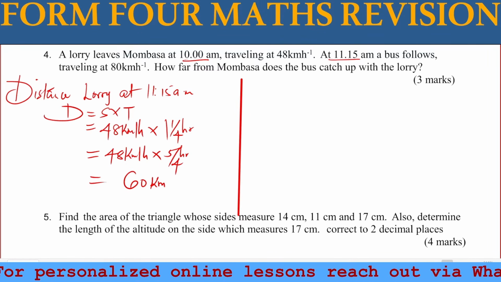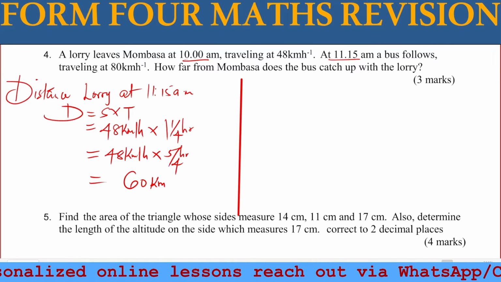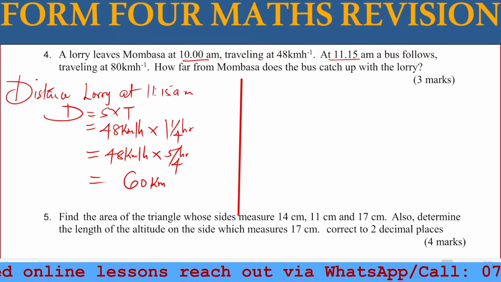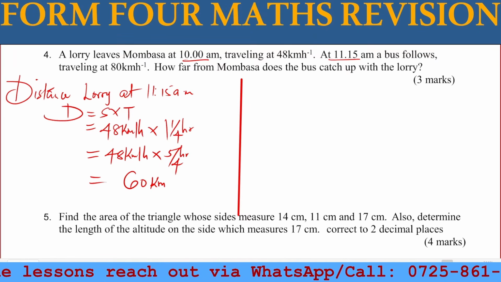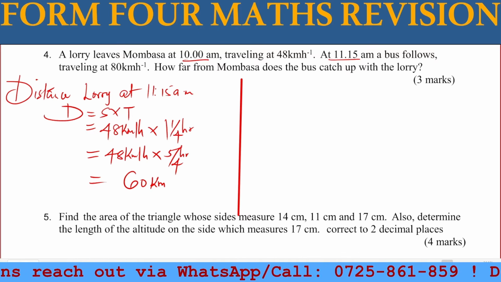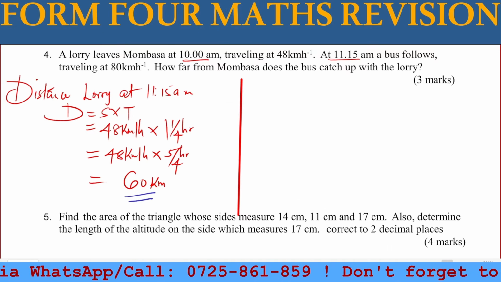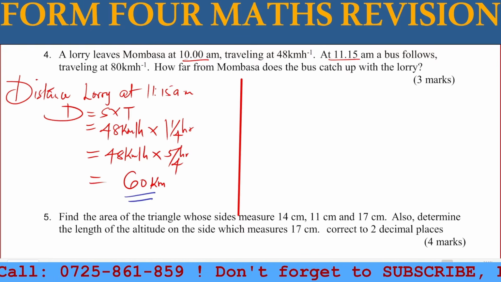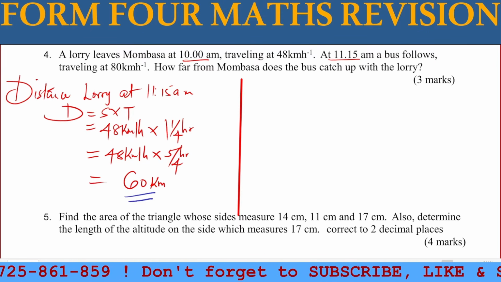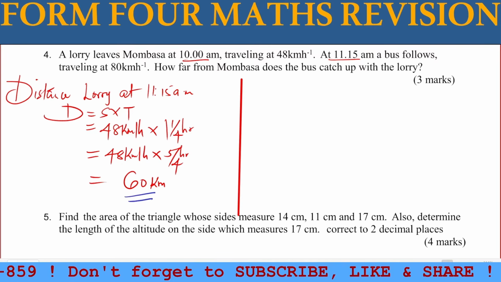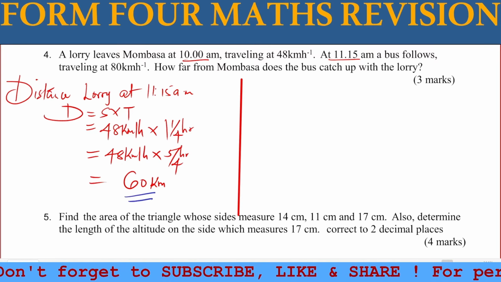So by the time the bus was beginning the journey at 11:15, the lorry had moved 60 kilometers. So 60 kilometers is the distance between the lorry and the bus at 11:15 a.m., and this is the distance that the bus has to cover in order to catch up with the lorry.